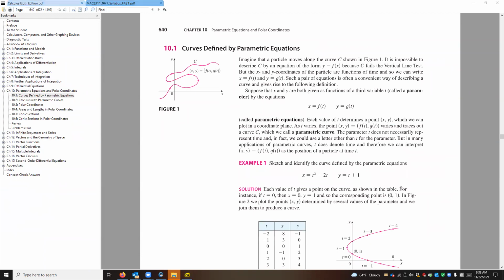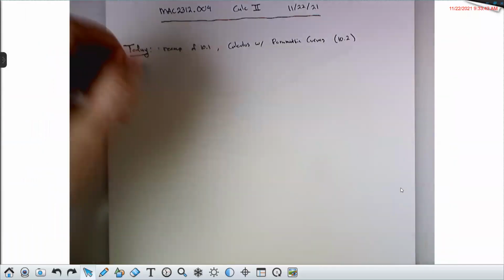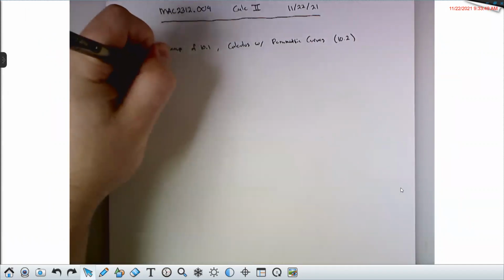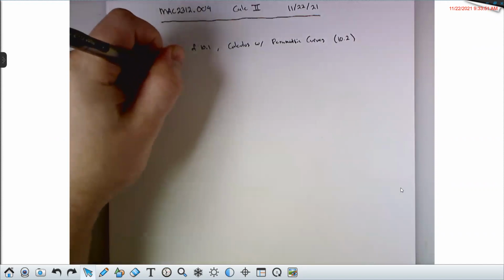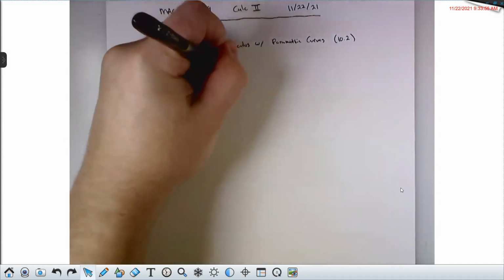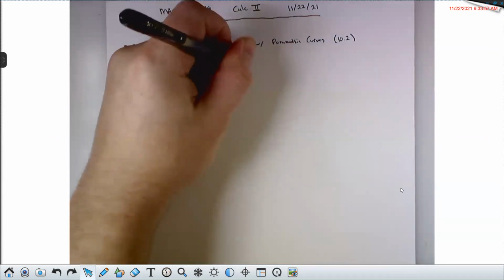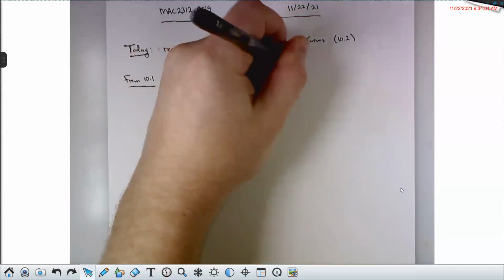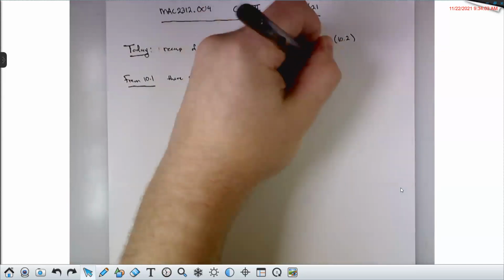So from 10.1, there are basically two methods for graphing parametric curves.